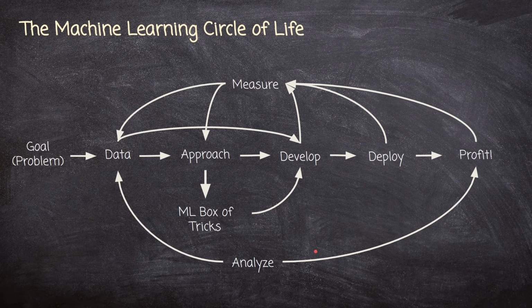And then also we can look at the results of our model and we can see, okay, is it truly having the intended consequence or is it having some unintended consequences? Maybe this model is behaving in a way that we did not expect. And that is very, very common with machine learning models because more or less they're just big black boxes. And it's not always obvious why those machine learning models are making the decisions they are making.